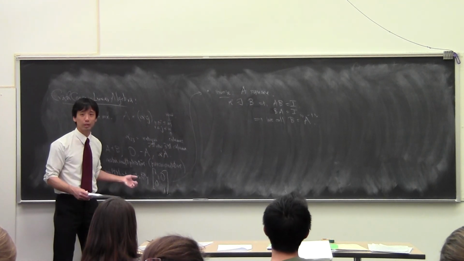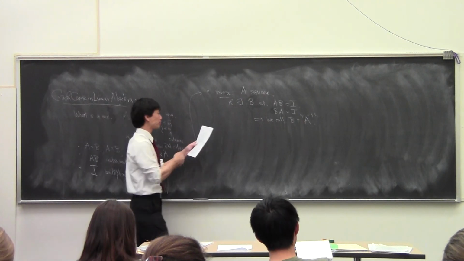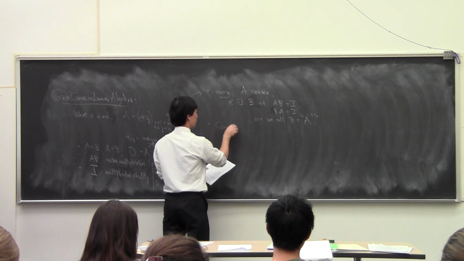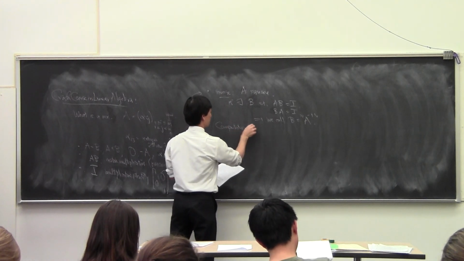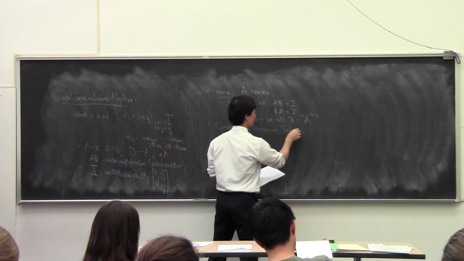Once you have the notion of identity, you have the notion of inverse. And then there's the computation of the inverse via Gauss-Jordan reduction.